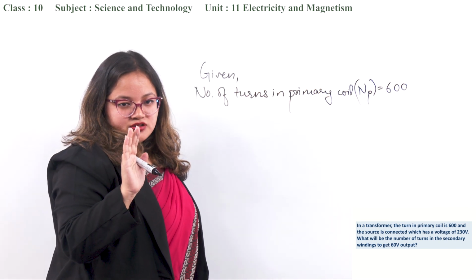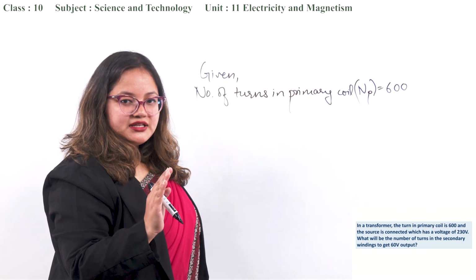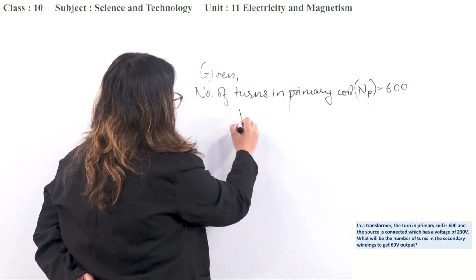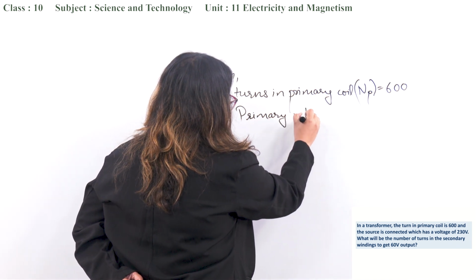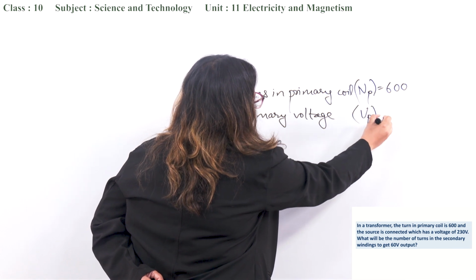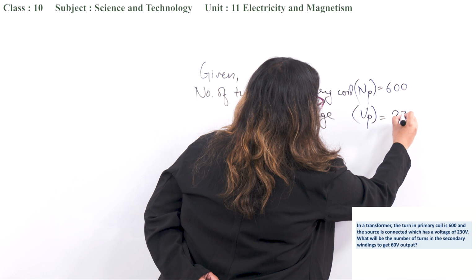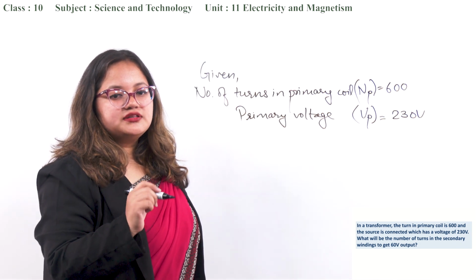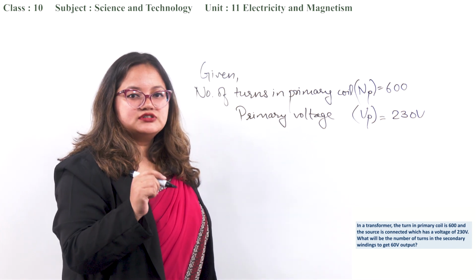Secondly, the source is connected which has a voltage of 230 volt, meaning we are given a primary voltage. So primary voltage is denoted by Vp, which is given as 230 volt. And what will be the number of turns in the secondary windings to get 60 volt output?